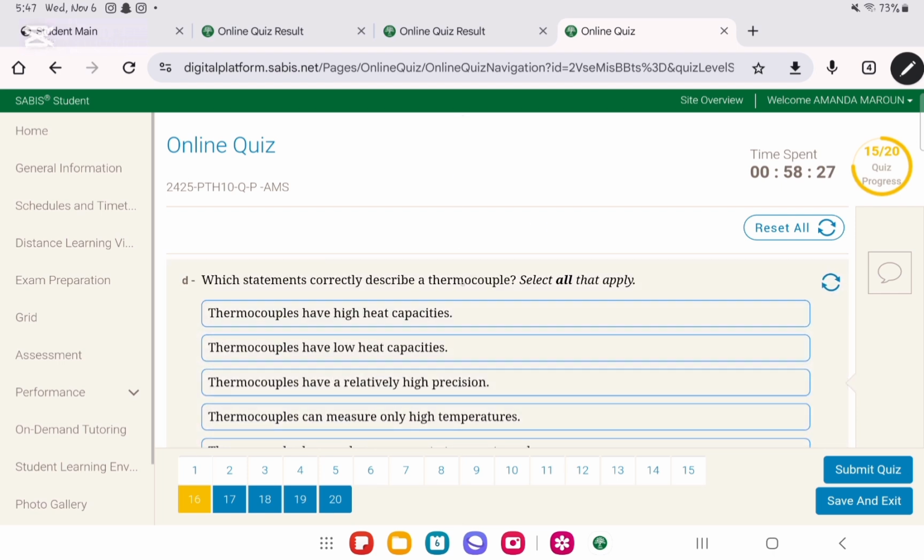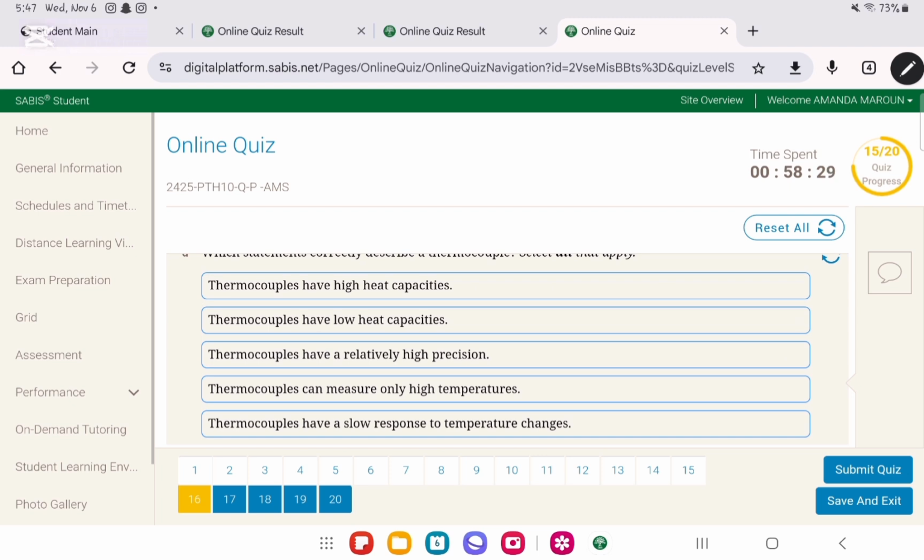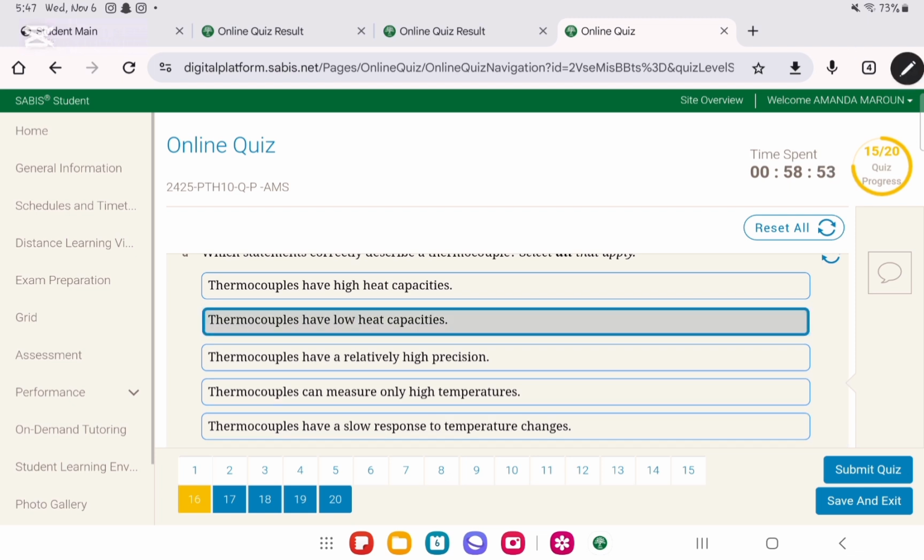Now we reach which statements describe a thermocouple correctly. For the thermocouple to detect a change in temperature, it is supposed to have a low heat capacity to act quickly, not a high heat capacity.